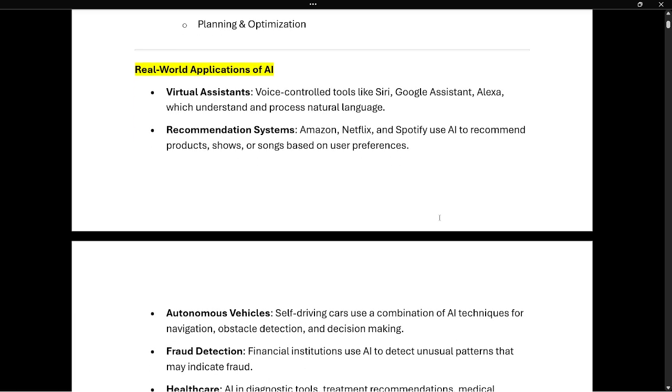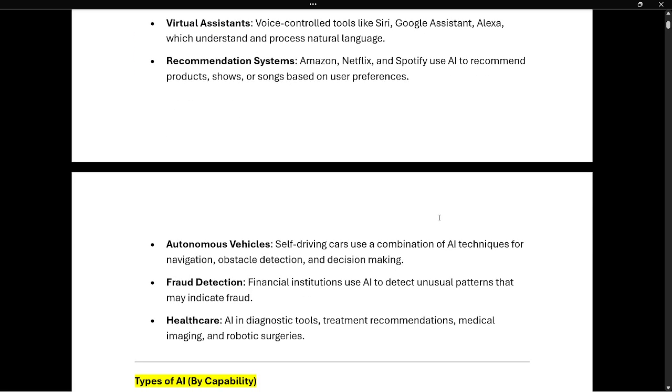Then we have applications like autonomous vehicles. We have the Google self-driving car, Uber has, Tesla has. A self-driving car uses a combination of AI techniques, navigation and obstacle detection, decision making and all these things. Then we have fraud detection.